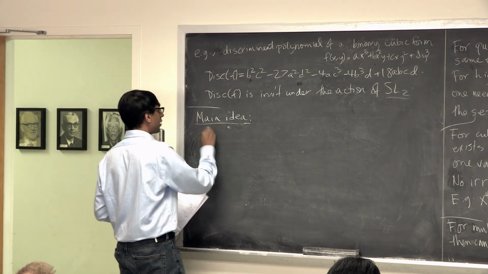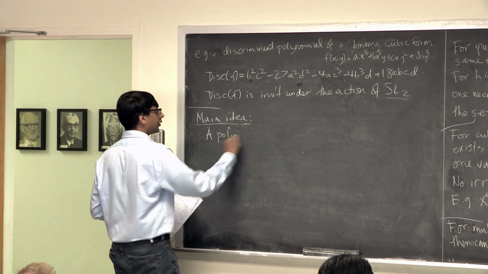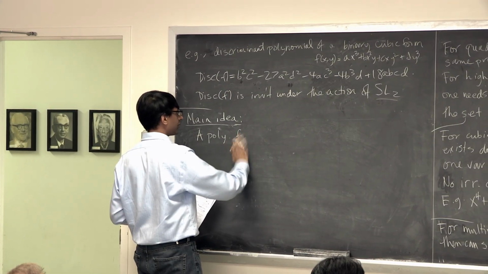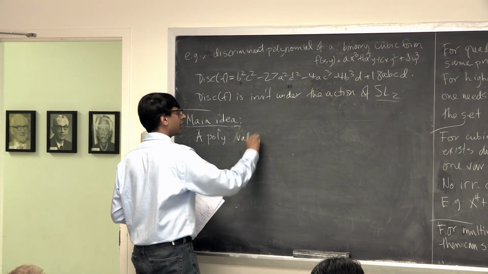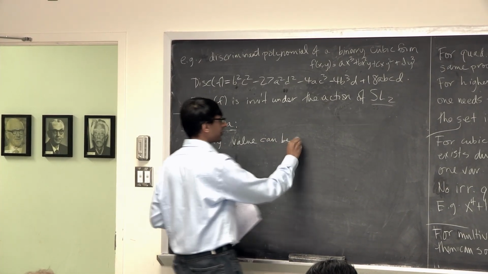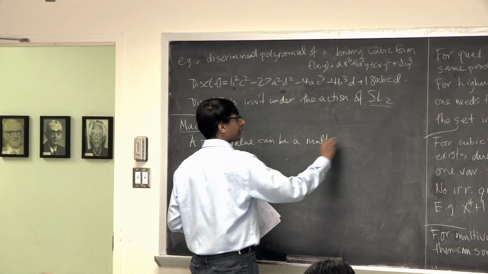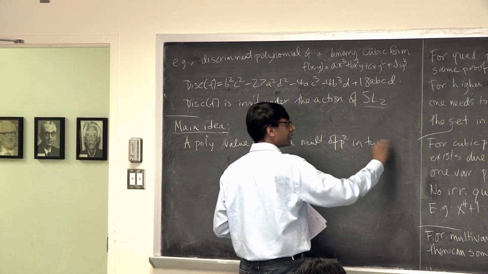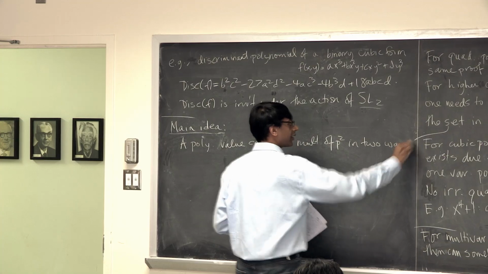The main idea is that a polynomial value can be a multiple of p squared in two very distinct ways.